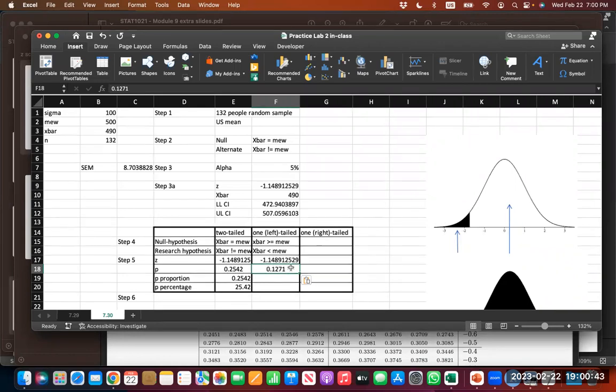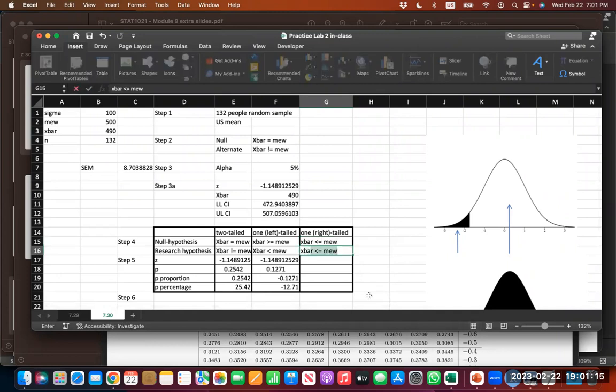That's 0.1271, and that's our p-value. So we are actually not rejecting the null hypothesis, but accepting the null hypothesis at a p-value of 5%. So this is the proportion, and this multiplied by 100 is 12.7%.